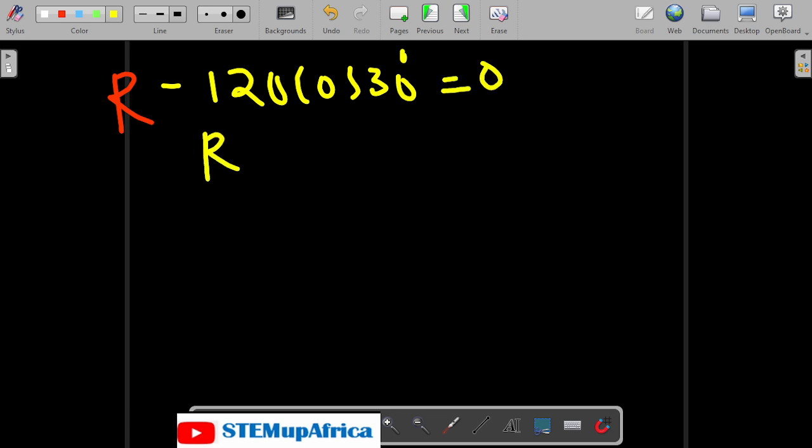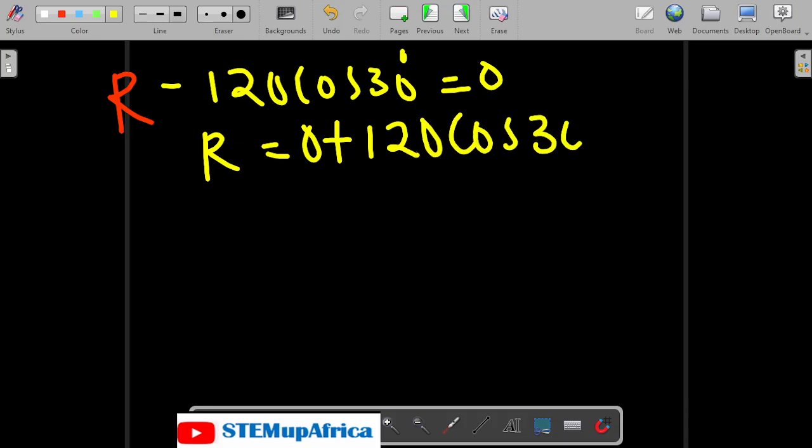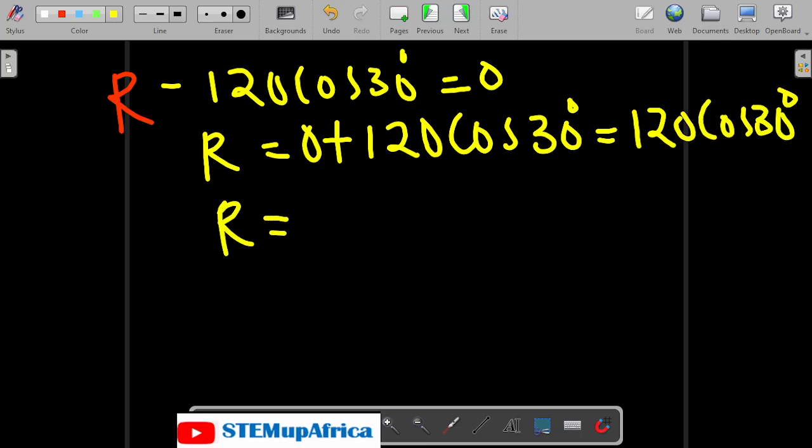So my R is now 0 plus 120 cos 30 degrees, which is 120 cos 30 degrees. If you apply your calculator, 120 cos 30 will give us 103.92 Newton.